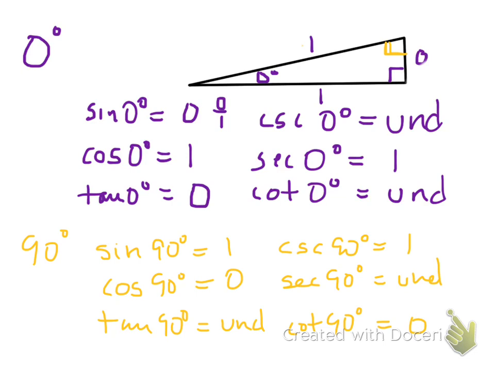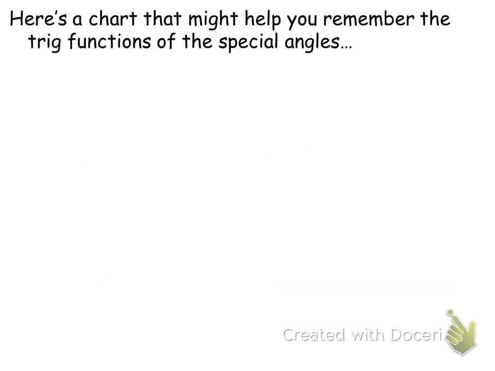For 0 and 90 degrees, what are the possible answers? 1, 0, and undefined. That's it. You give yourself a fighting chance if you just remember that little fact. If we're talking about 0 or 90 degrees as a reference angle, the answer is 1, 0, or undefined. Okay? All right, next let's do 30 degrees.